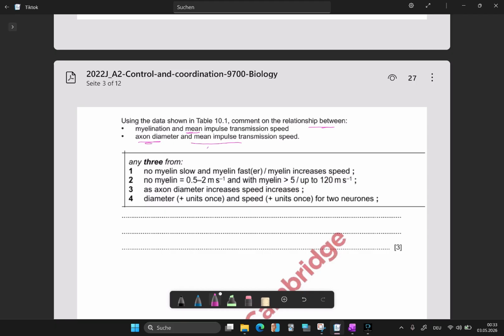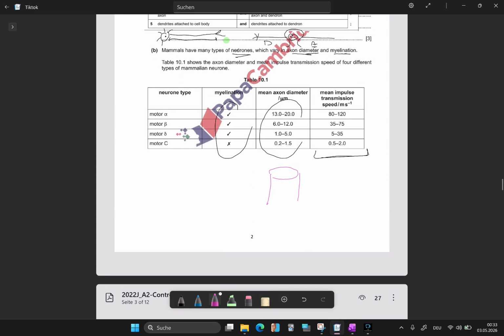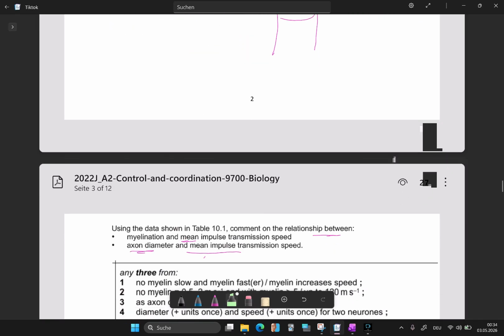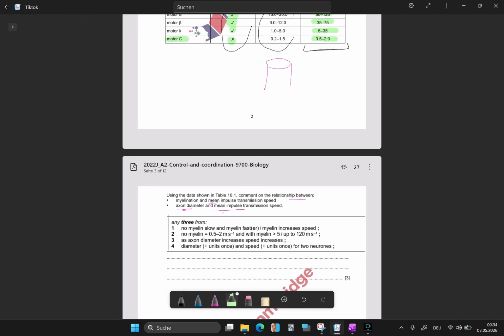So when he tells you to comment on a relationship, you do not have to describe everything in the table. You simply have to compare those two things together. So here, myelination and mean speed. Let's look here. We're going to see that everybody who is myelinated has a faster impulse than the unmyelinated motor C. So our comment is simply going to be that no myelination is slow and myelination is fast.